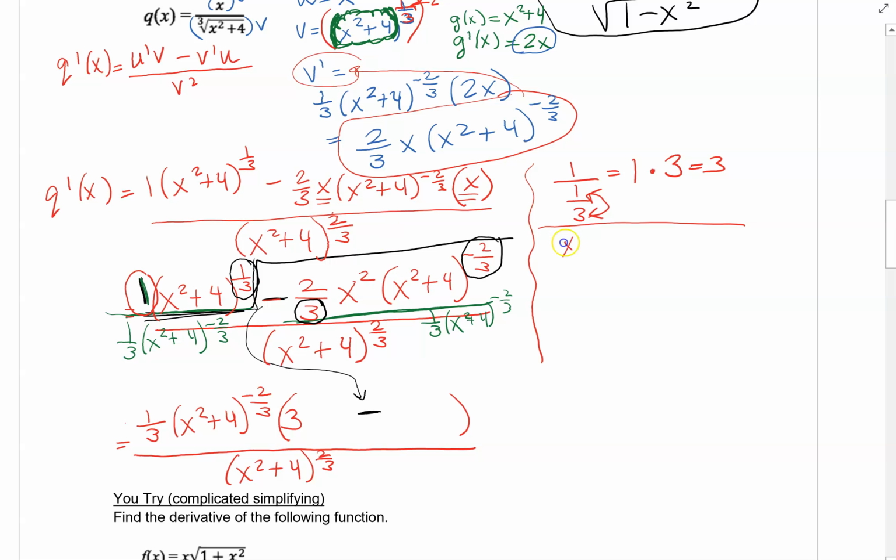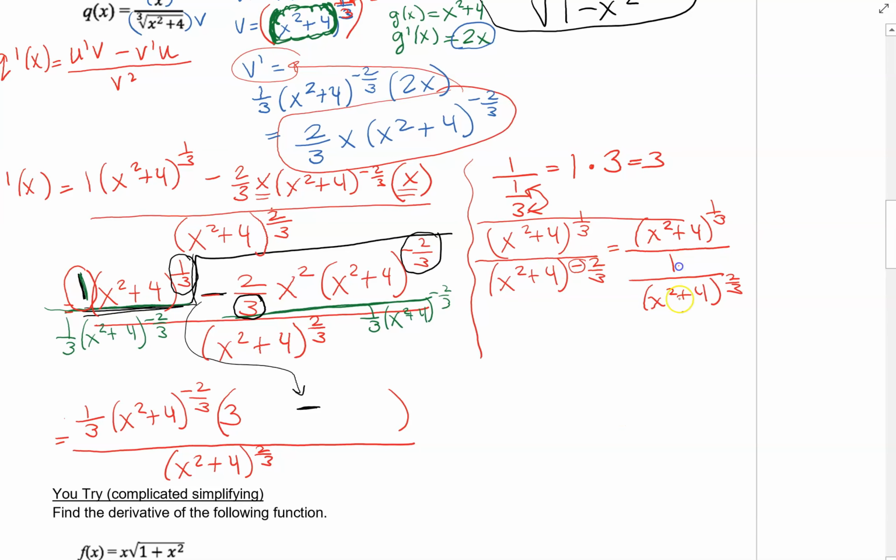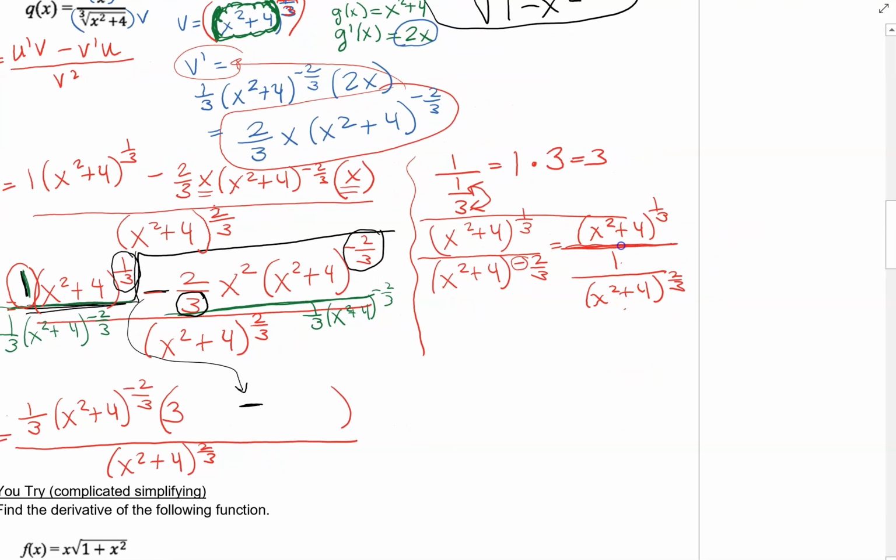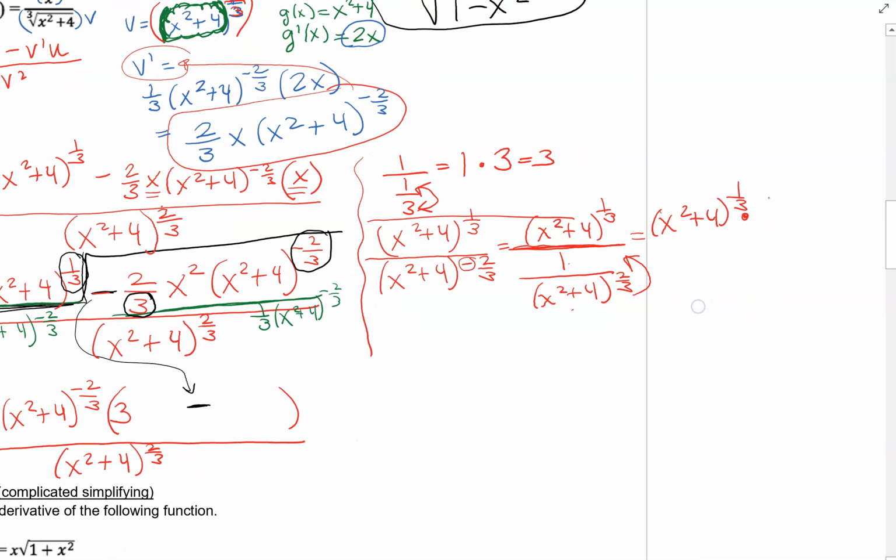Then when I do x squared plus 4 to the 1/3 power divided by x squared plus 4 to the negative 2/3 power, what that essentially is, is x squared plus 4 to the 1/3 power divided by 1 over x squared plus 4 to the 2/3 power, because a negative exponent means take the reciprocal. But I'm dividing by that reciprocal, so I'm really multiplying by x squared plus 4 to the positive 2/3. That's really what's happening there.